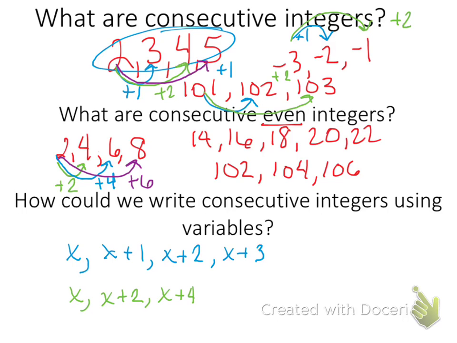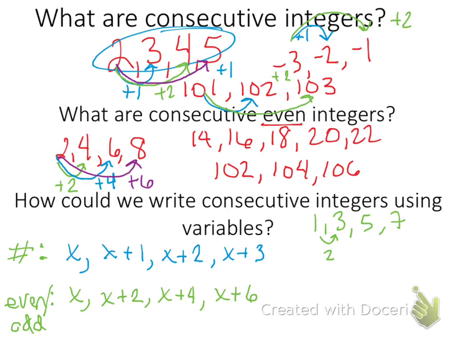Plus 6. So it's x plus 6. So these are normal consecutive numbers, and these are even consecutive numbers. What do you think about odd? How would those look? Odd numbers, for example, 1, 3, 5, 7, what do those go up by each time? They go up by 2. So even and odd consecutive integers will follow the exact same pattern.